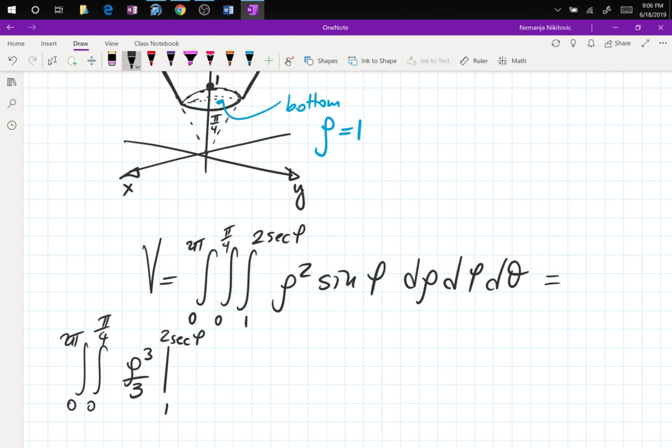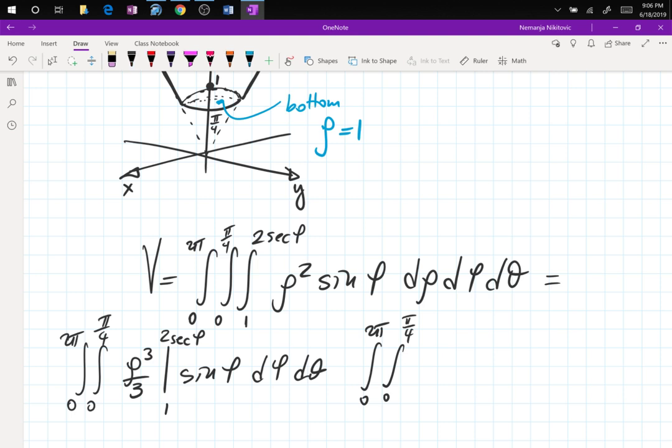Oh, I'm going to regret this very quickly. Sine phi d theta, 0 to 2 pi, 0 to pi over 4. And now I have to plug in this stuff.